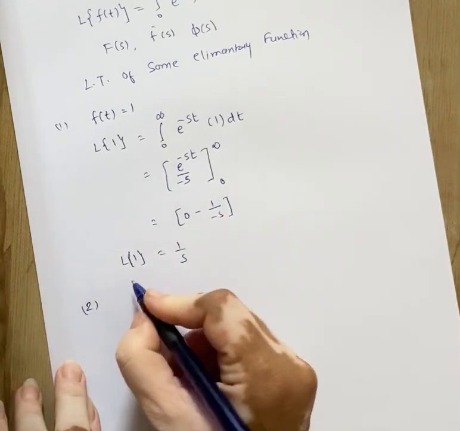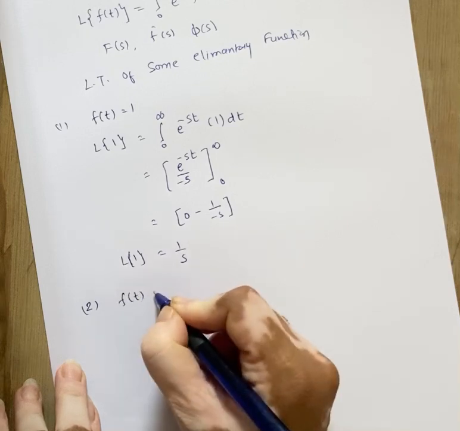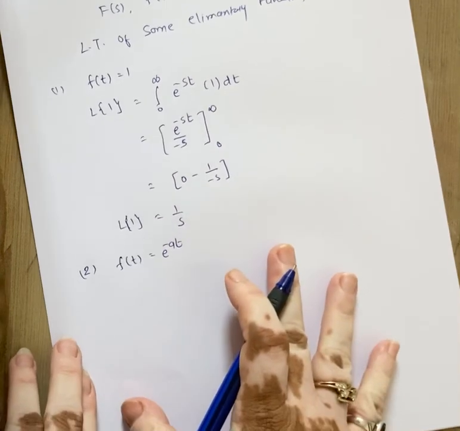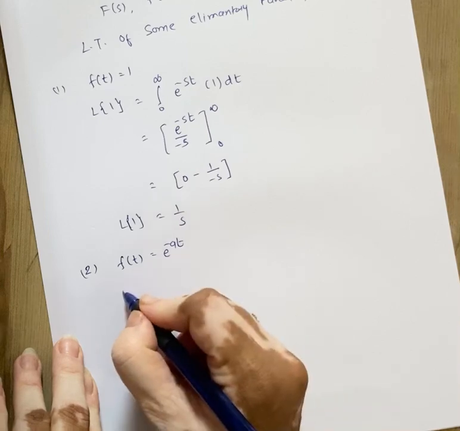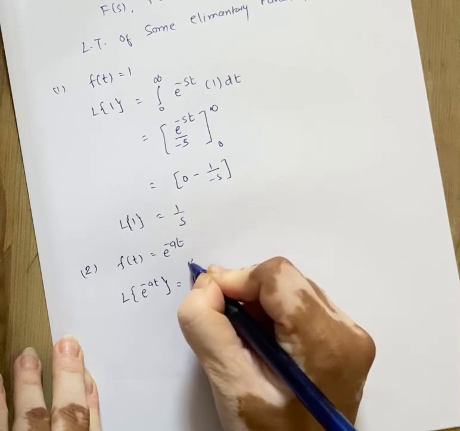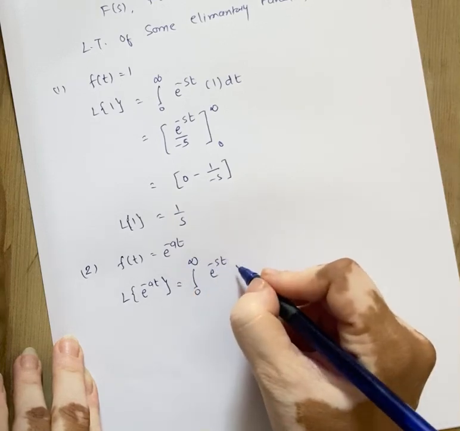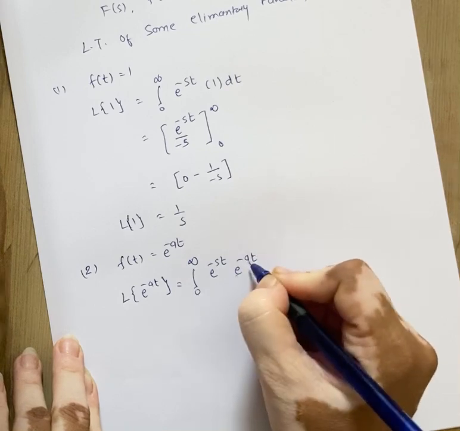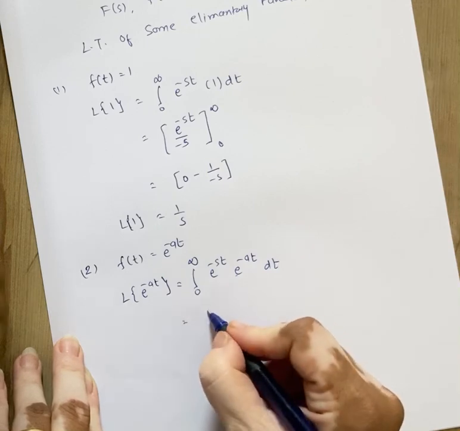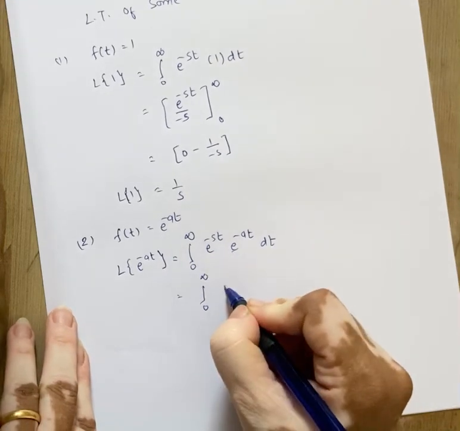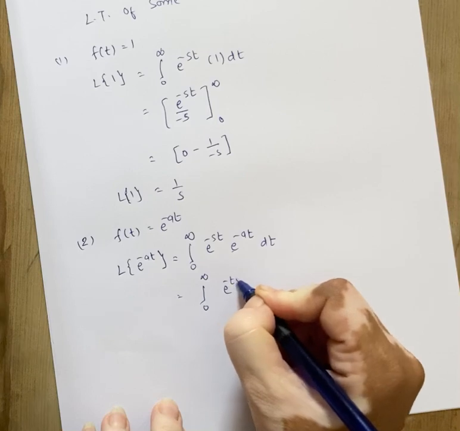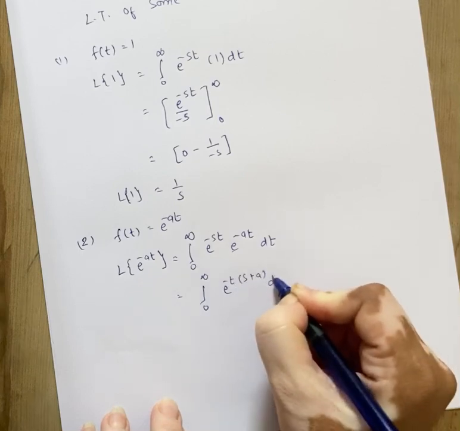Take another function. Let f(t) equal e raised to minus at. Then L of e raised to minus at is equal to the integration from 0 to infinity of e raised to minus st times e raised to minus at, dt. So we get the integration of e raised to minus t common, (s plus a), dt.